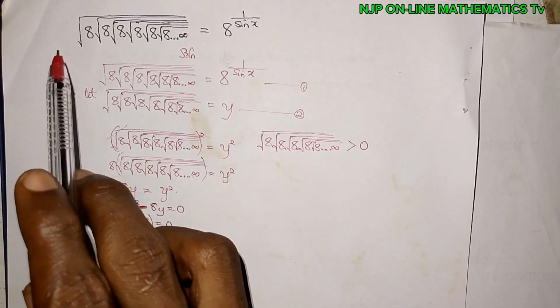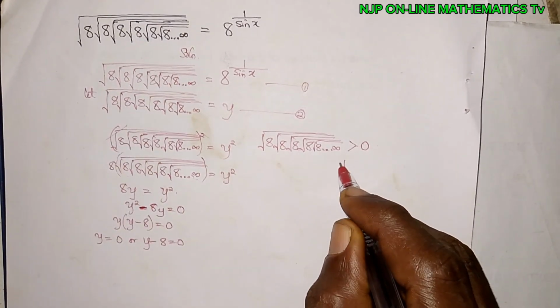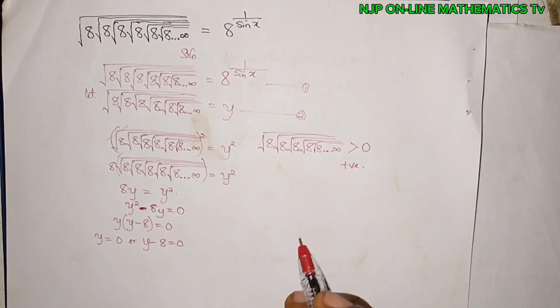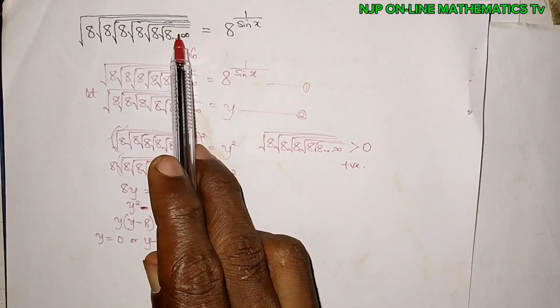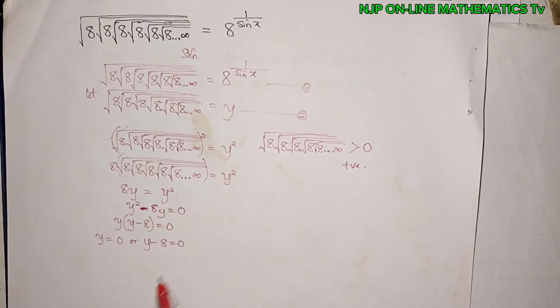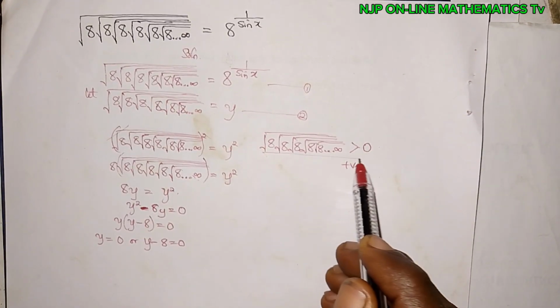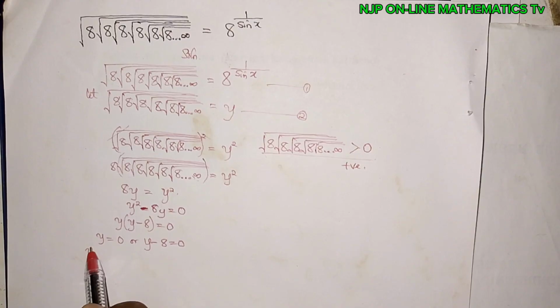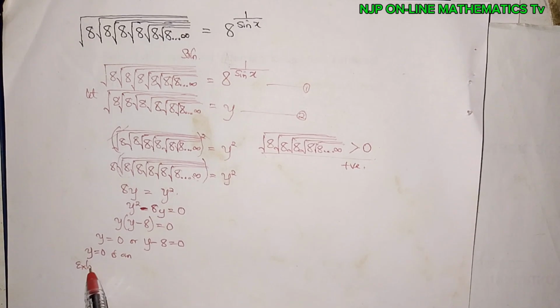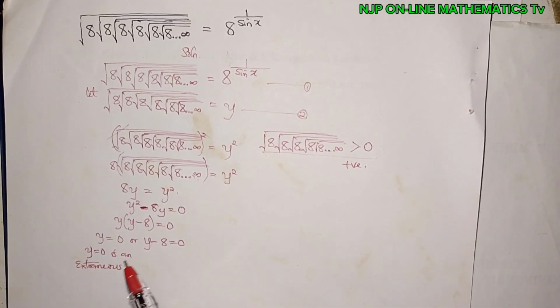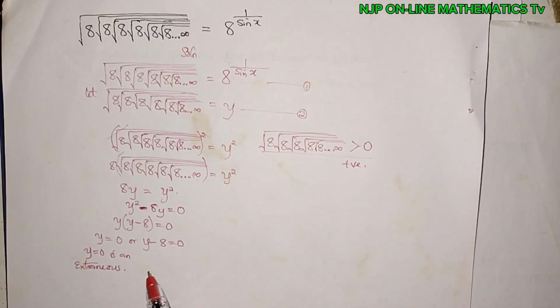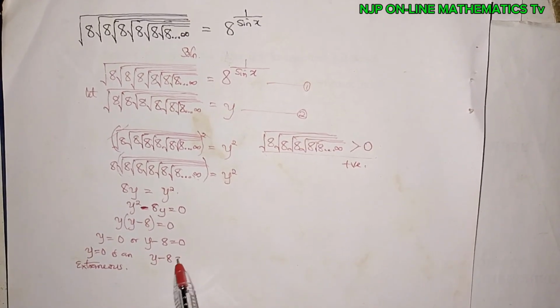That means the whole root of this must be positive, so its range of value must fall within the positive values, because the square root of this number will definitely give us a positive number. Therefore, since this is greater than 0, our value where y equals 0 is an extraneous root, which will not satisfy this equation. So we are only left with y minus 8 equals 0.